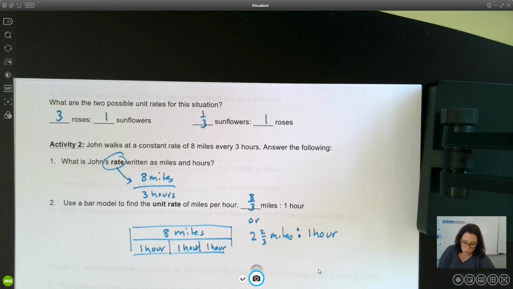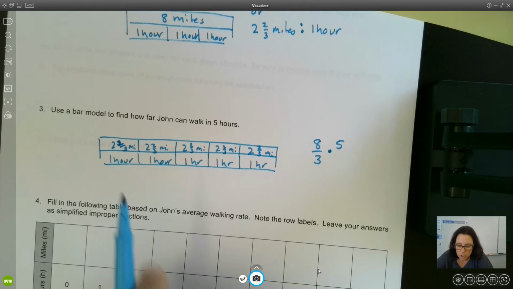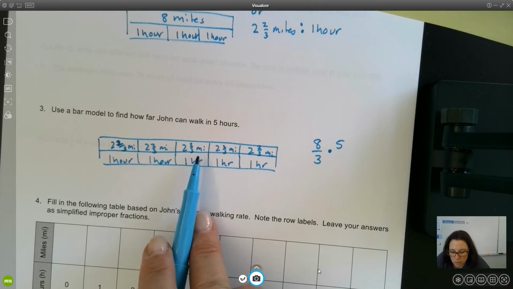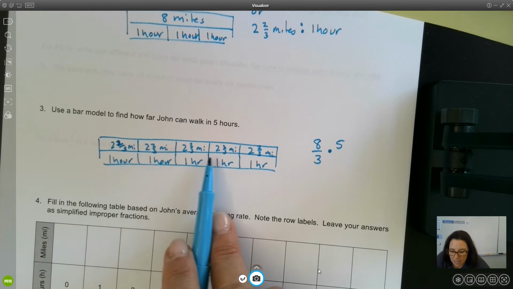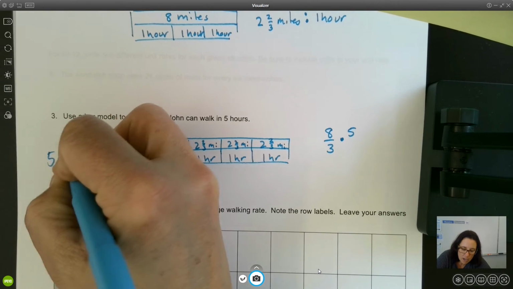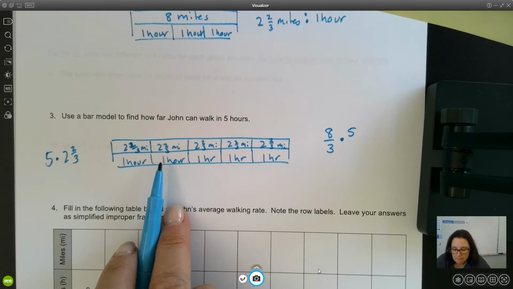Or if you want a shortcut on how to find that, can't we just take 8 thirds? 8/3 is 1 hour. Can't we multiply 8/3? Whoops, sorry guys. So we've got 1 hour, 1 hour, 1 hour, 1 hour, 1 hour. 2 2/3 goes with each hour. Do 5 times 2 2/3. That would be using the model, okay?